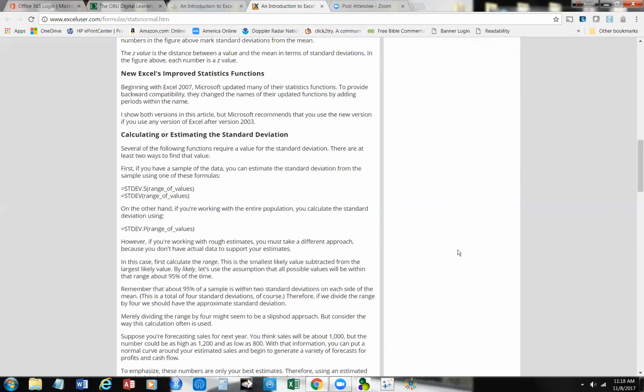And so population data, like the standard deviation of a population, the standard deviation P, I can use that. Now, it's a more stringent statistic because it assumes you understand and know that population.